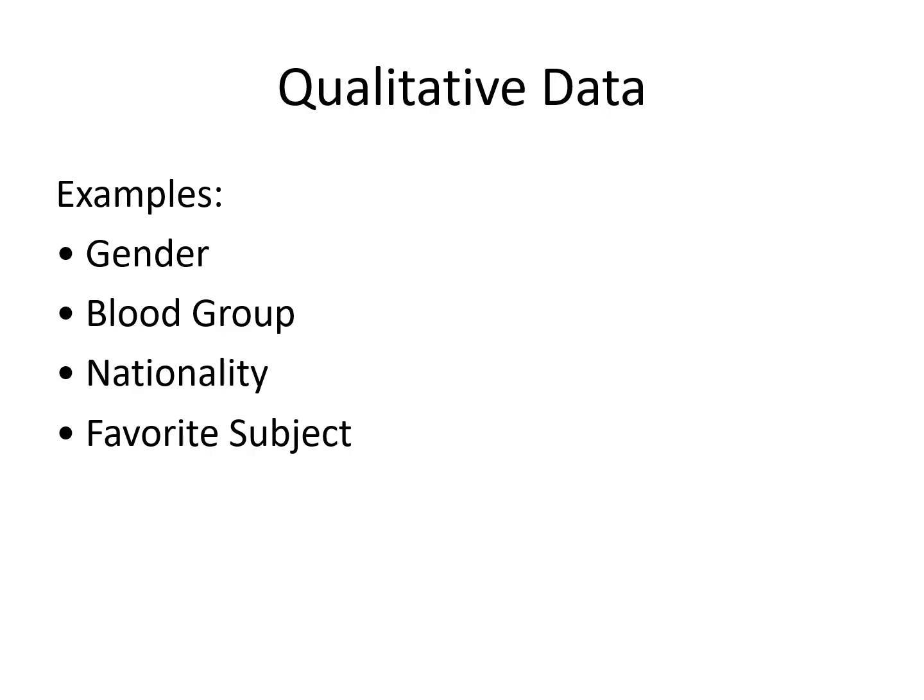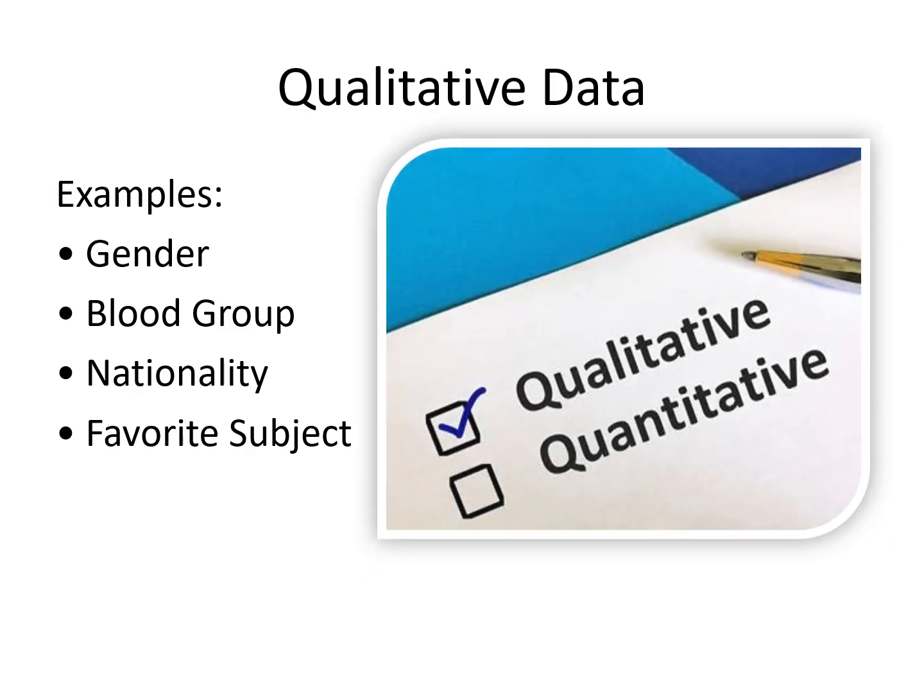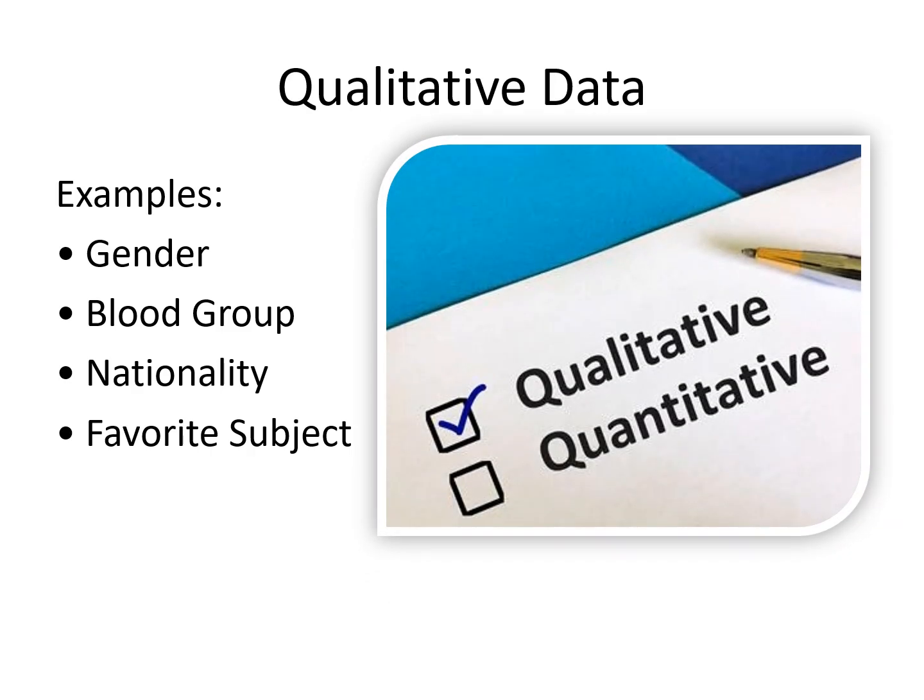Let's begin with qualitative data. Qualitative data describe characteristics, labels, or categories. Examples include gender, blood group, nationality, and favorite subjects. Notice that these variables do not represent numerical measures.